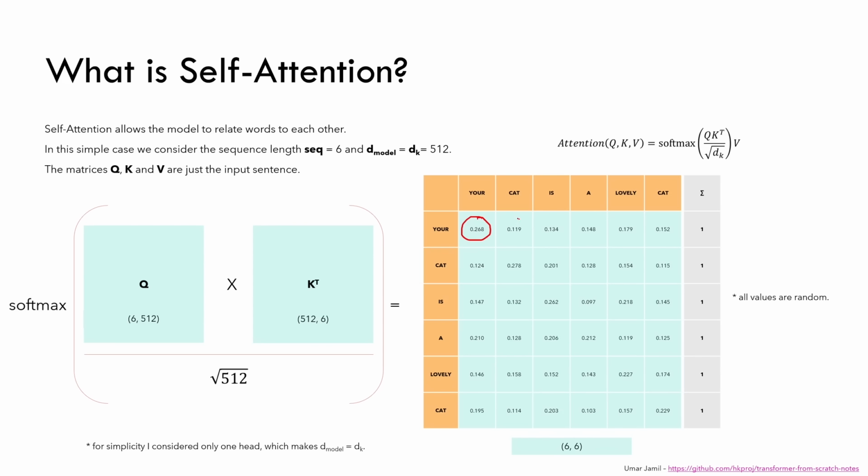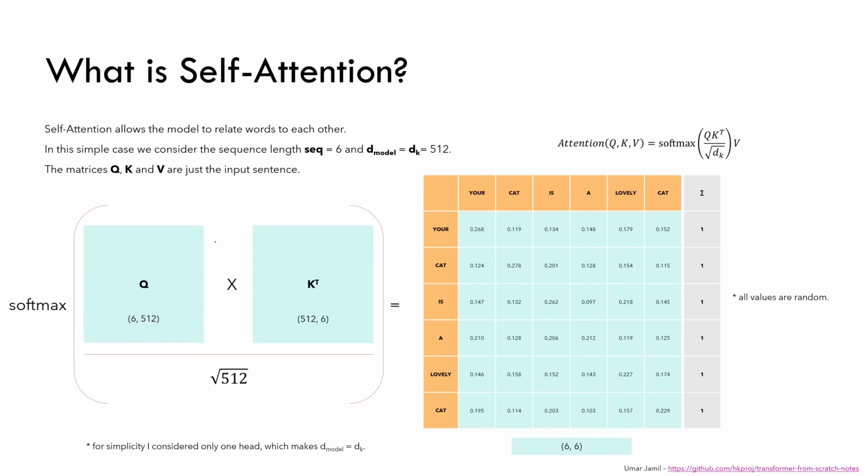This represents the dot product of the first row with the second column, etc. The values here are actually randomly generated, so don't concentrate on the values. What you should notice is that the softmax makes all these values sum up to 1. So this row, for example, sums up to 1. This other row also sums up to 1, etc.